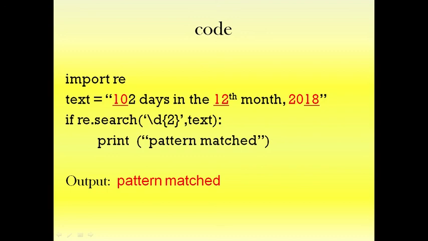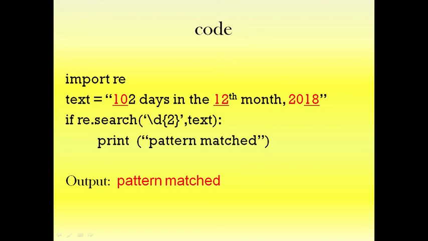So the 2018 matches the 20 and the 18 separately, if you like. So that's the digit 2 times. With the 2 in brackets, it matches that symbol if it occurs twice together.